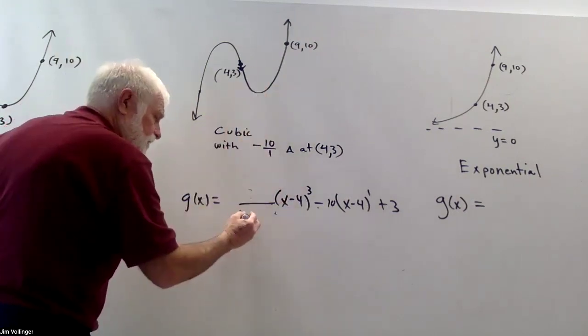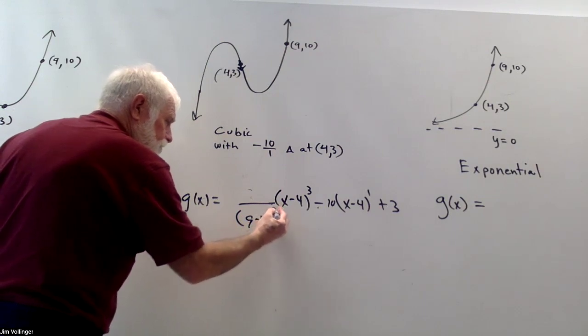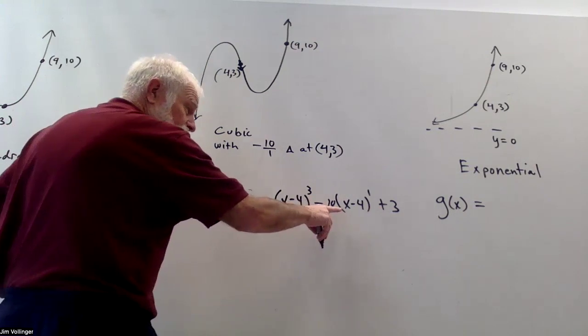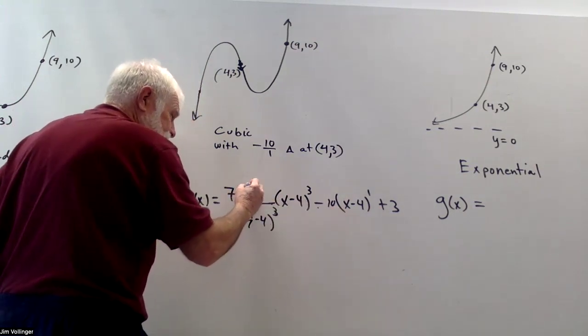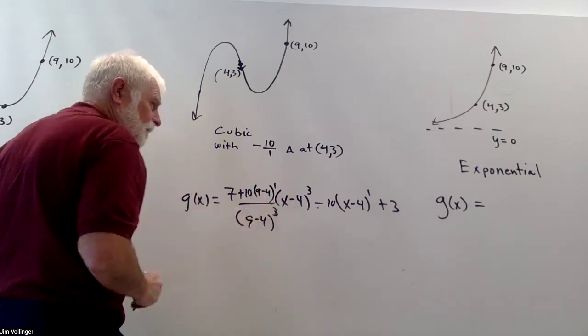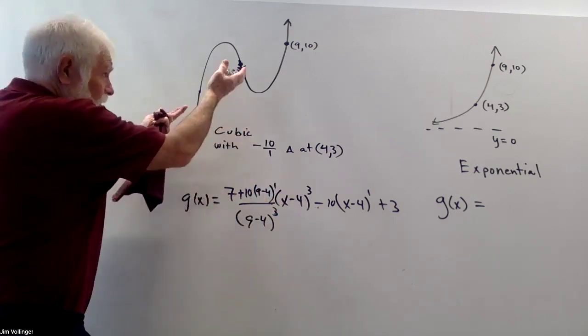So 9 minus 4 cubed, get that out of the picture. 7 has to come in. And I have to get this out of the picture. So plus 10 times 9 minus 4 to the first power. That's that equation.